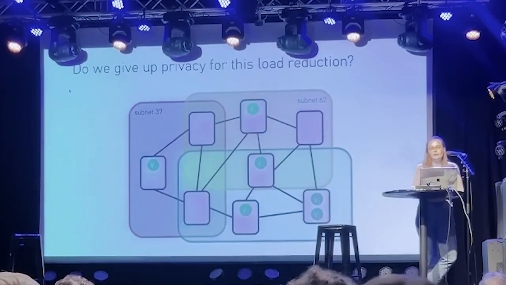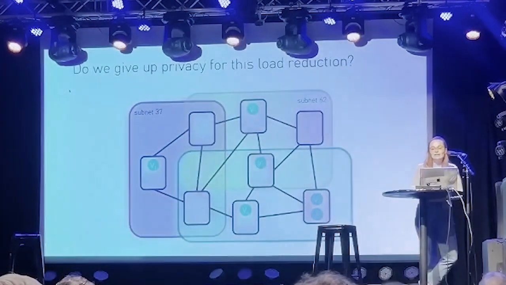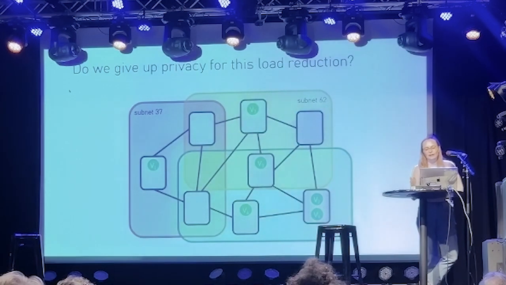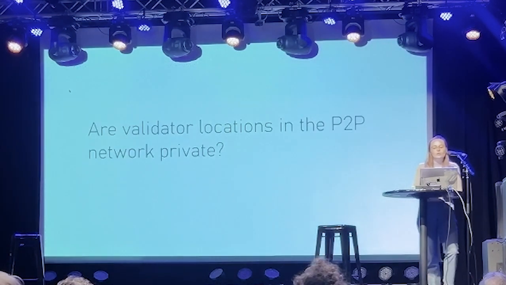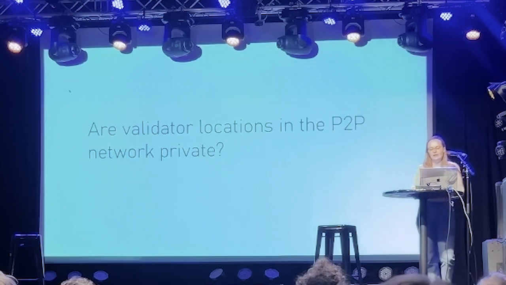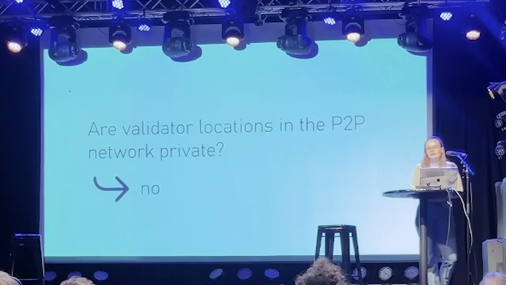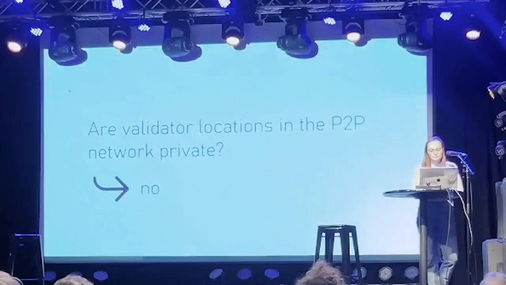But the question really becomes: do we give up any privacy as a trade-off for this load reduction that was introduced by these subnets? Or to put it differently, are the validator locations in the peer-to-peer network private these days? And the answer is no, essentially.